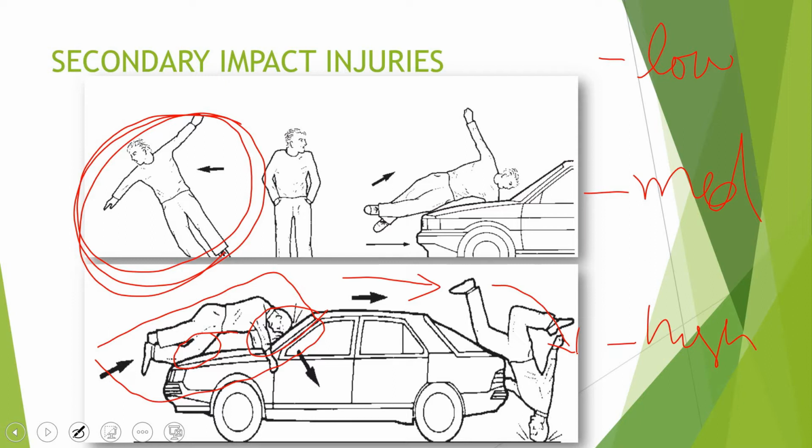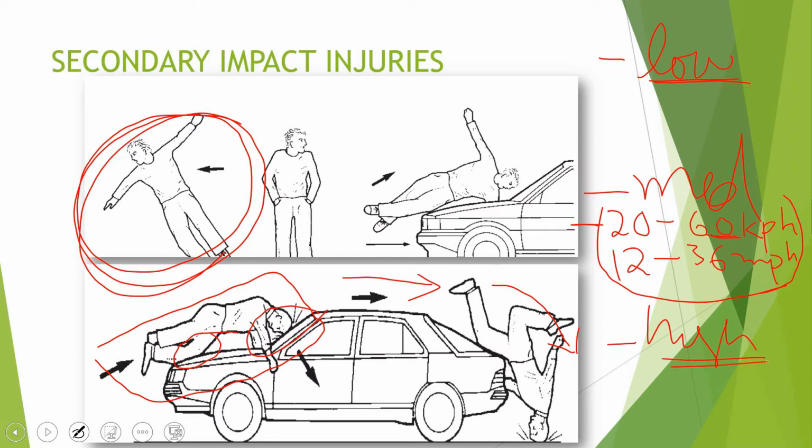So the range of the medium speeds is 20 to 60 kilometers per hour, and this equals about 12 to 36 miles per hour. Anything below that, i.e. anything below 20 kilometers per hour, will be considered low, and everything higher than 60 kilometers per hour will be considered high.